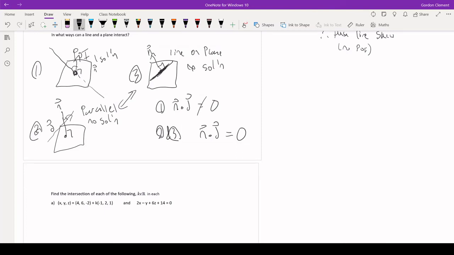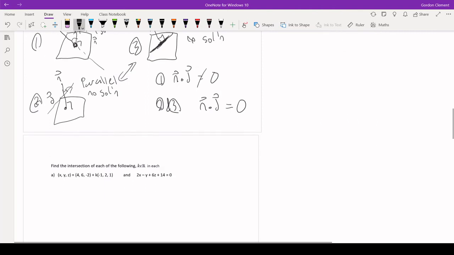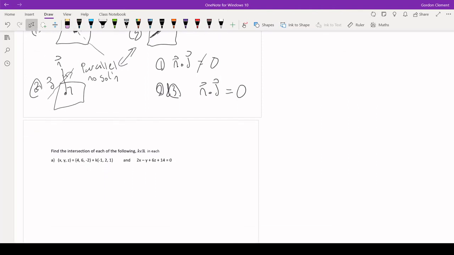So you can check before you start whether it's going to be perpendicular or not. And I'll also show you a way, if you don't want to do that check, to tell what happens if you just foolhardily go and try and find a point of intersection that's maybe not there.